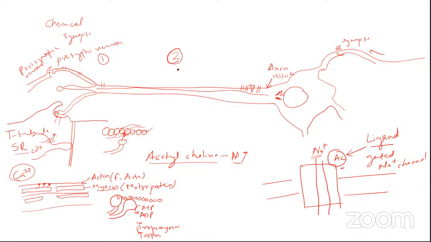There is another synapse which is called an electrical synapse. What according to you must be different here? The membranes in the electrical synapse are held so tightly, just like the T-tubule and the sarcoplasmic reticulum are held so tightly in the muscle cell, right?